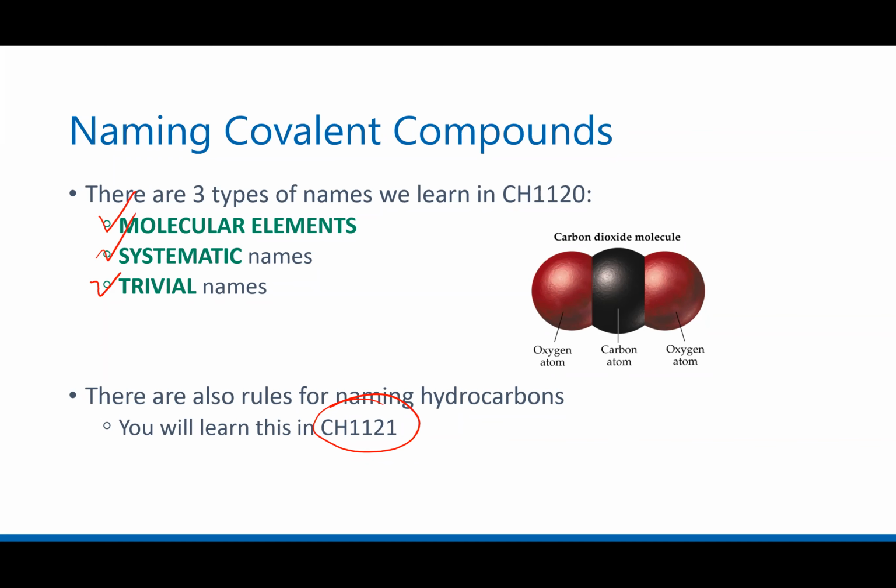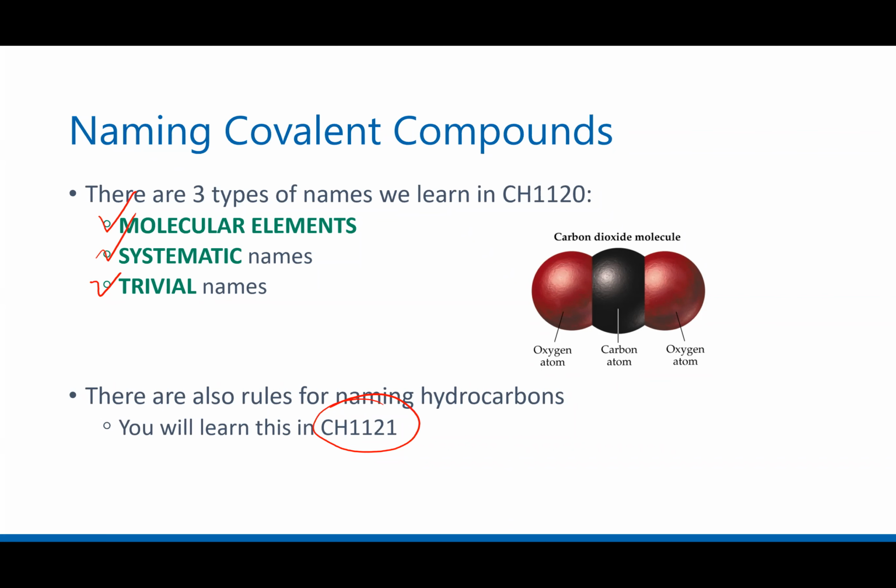There are molecular elements, there are systematic naming rules for more complex compounds, and then there are some trivial names. Trivial names would be something like water. We don't call water dihydrogen monoxide following our rules, we just call it water. So we're going to talk about this today, and it shouldn't take too long.